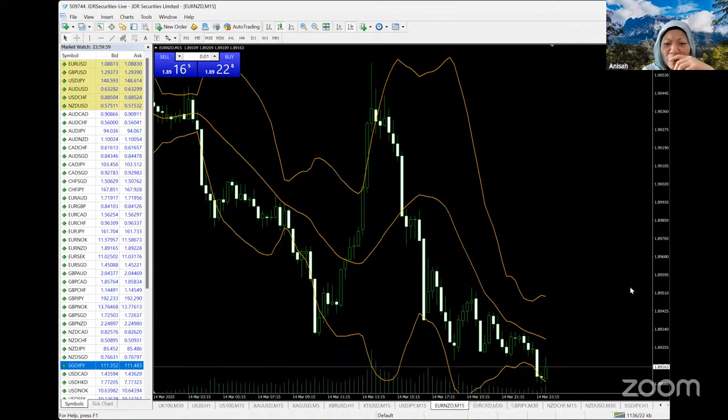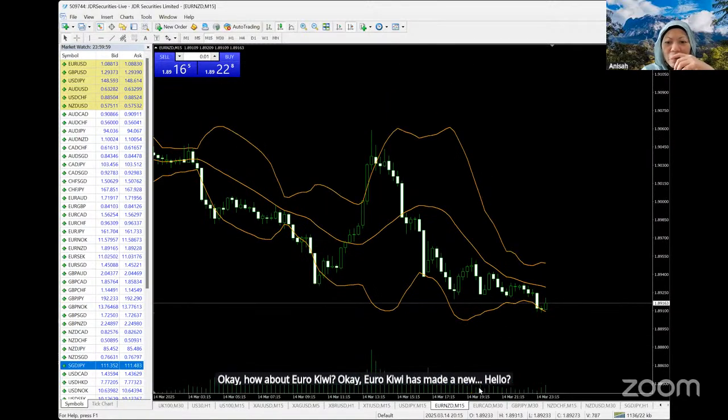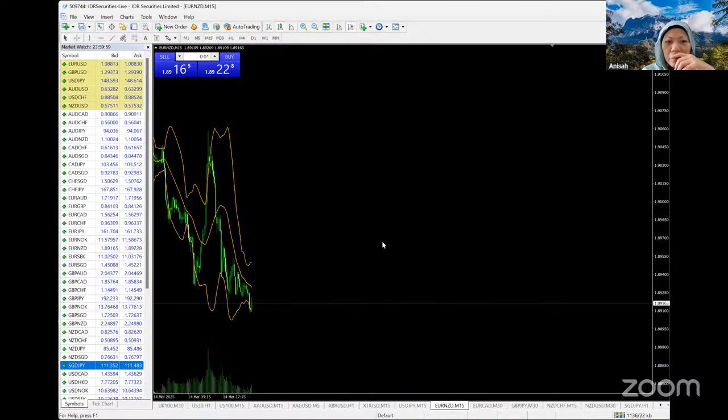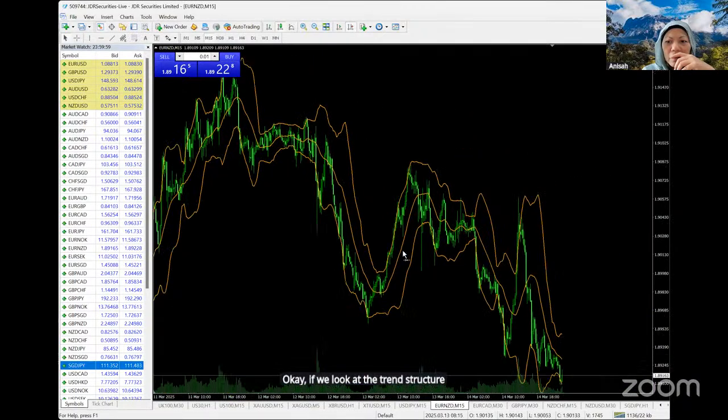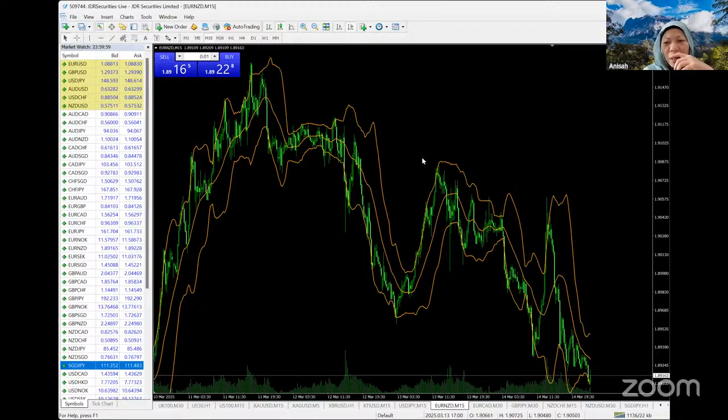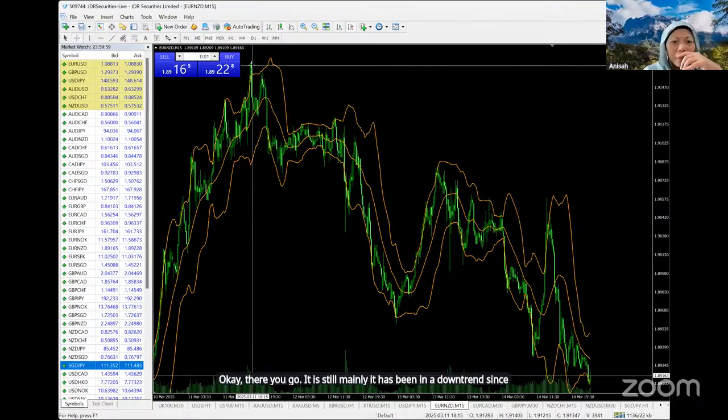Okay, how about Euro Kiwi? Euro Kiwi has made a new low. If we look at the trend structure, it has been in a downtrend since 11th of March.